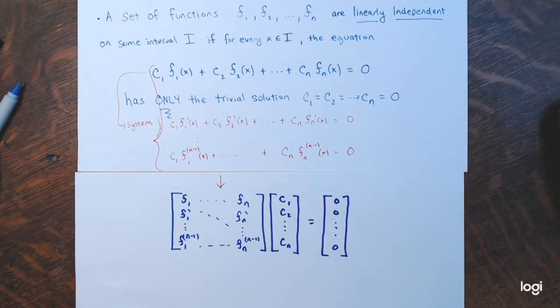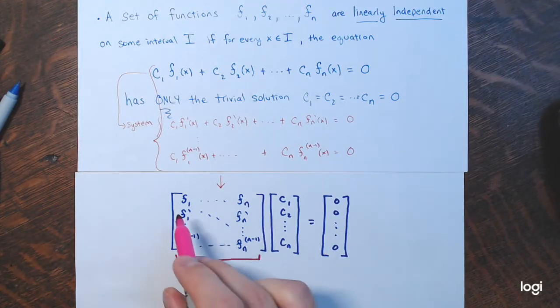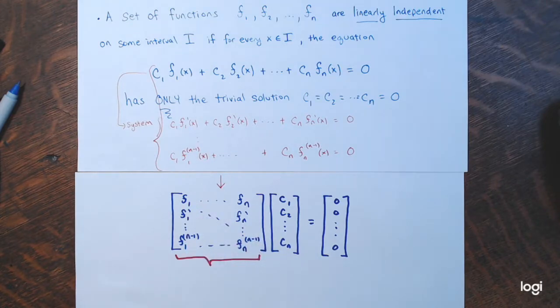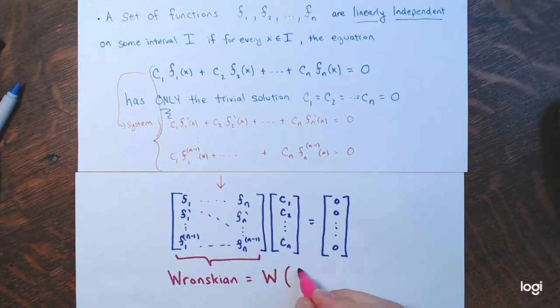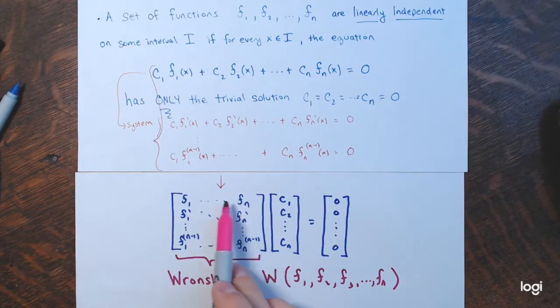And this matrix, made up of all the functions and their derivatives, if those derivatives exist, is called the Wronskian of functions f1 through fn, and it's denoted W of f1, f2, f3, up to fn. So you just have those functions up top and all their derivatives below.